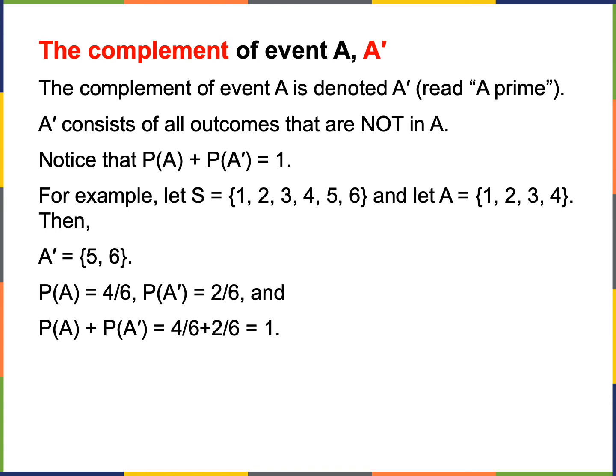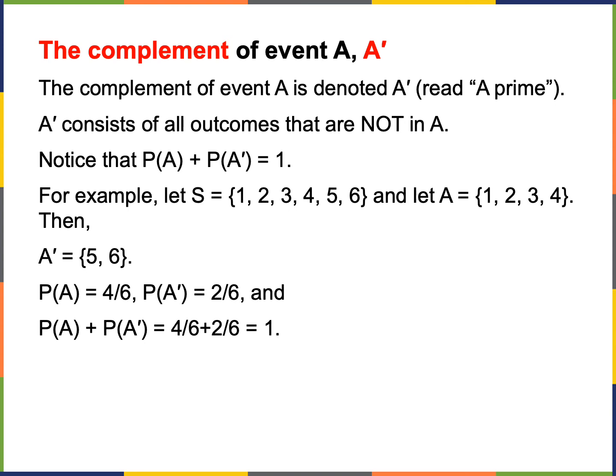Let's say the sample space consists of the numbers 1 through 6, and A consists of 1, 2, 3, 4. What are the elements in my sample space that are not in A? In other words, what is the complement of A? It just depends on what your sample space is. So not A, or A prime, would be what's left: 5 and 6. So A prime is 5, 6.